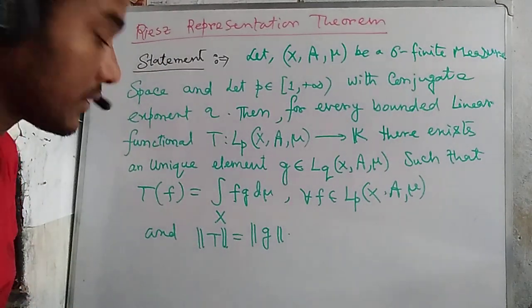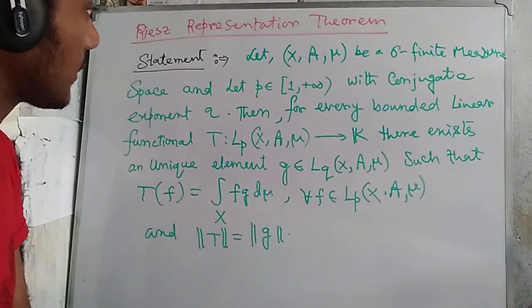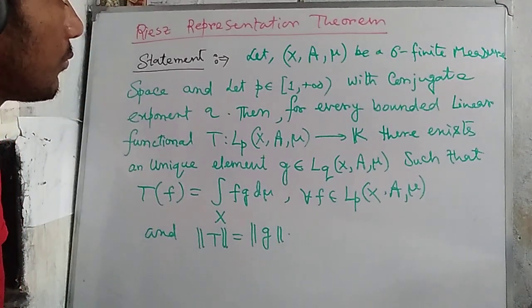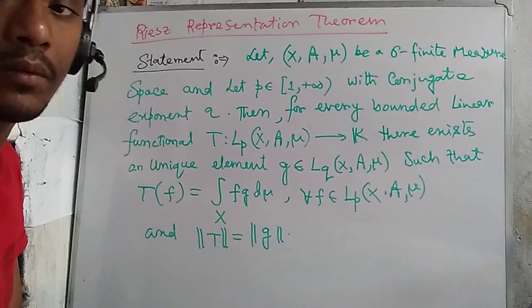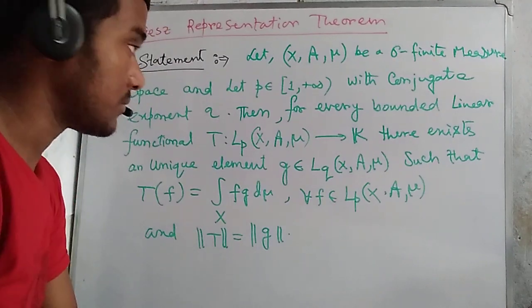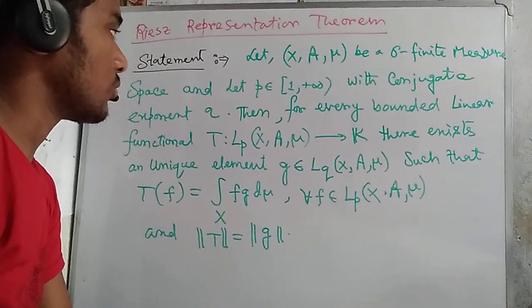So what happened? We talk about it now. Let (X, script A, mu) be a sigma finite measure space, and let p belong to [1, plus infinity) with conjugate exponent q.